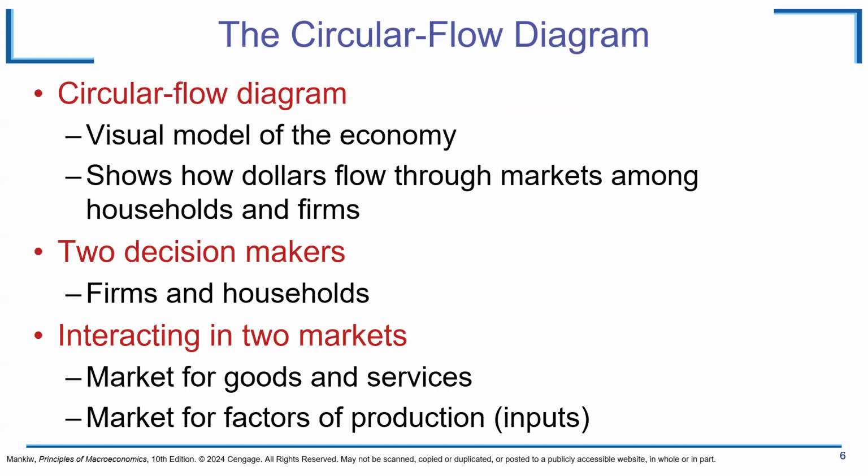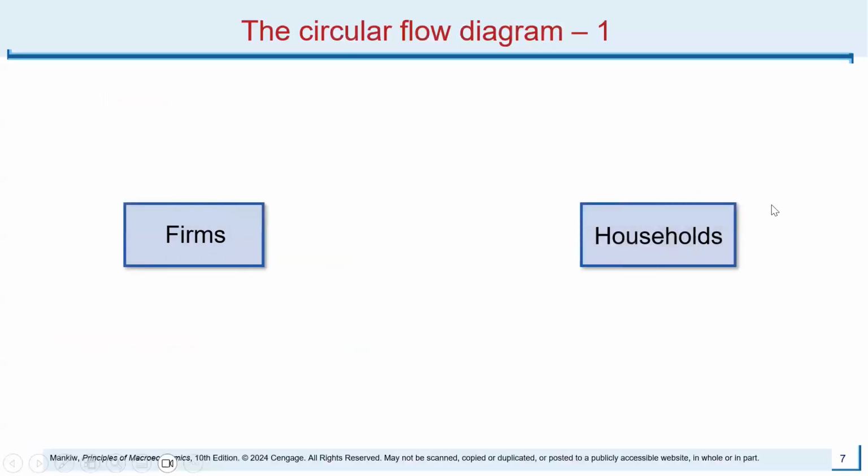Then we can introduce the key element for the interaction of those two, which are the two markets. One market is the market for goods and services. The other market is for the factors of production, which are inputs. So the first part is to lay out the two individuals.